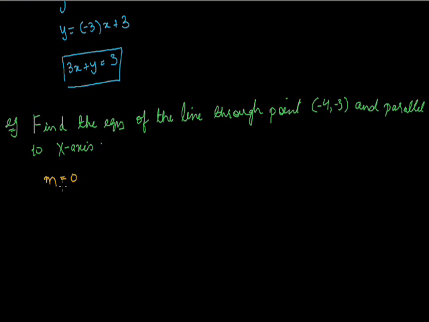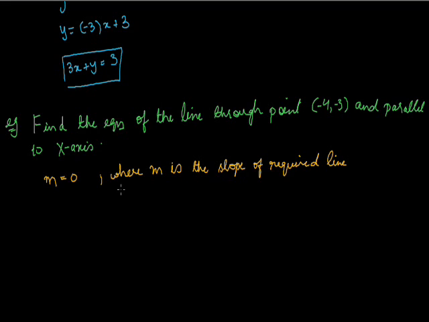So the value of our slope, where I am considering m as the slope of the required line, the value of m becomes 0. Now our line passes through this point (-4, -3).